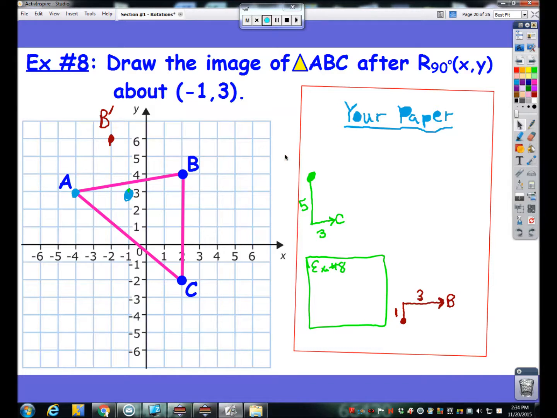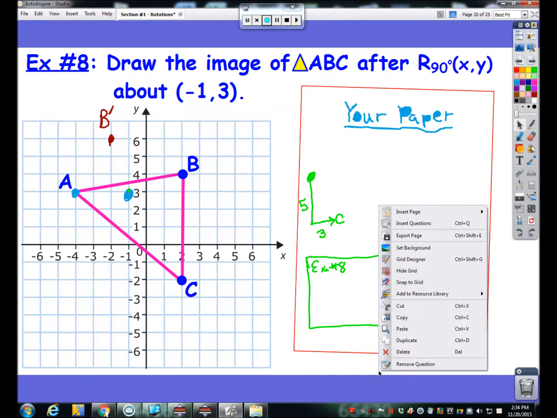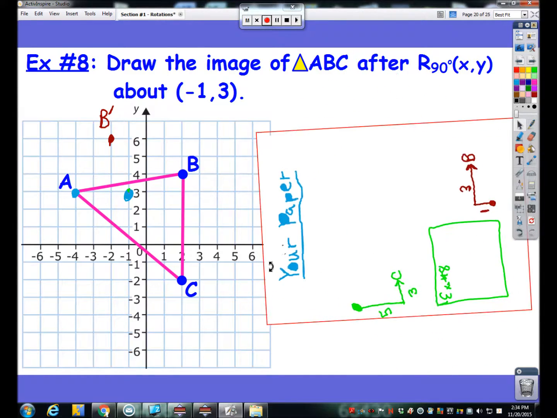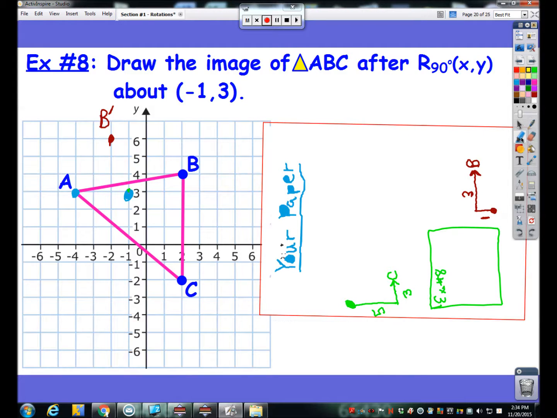Now, what we need to do is take that guide. My board would stop being so crazy on me. We're going to take that guide, lock it into place before we do it, and then again we need to rotate this 90 degrees counterclockwise. So I rotate my paper 90 degrees counterclockwise, and then I look to see what I need to do.